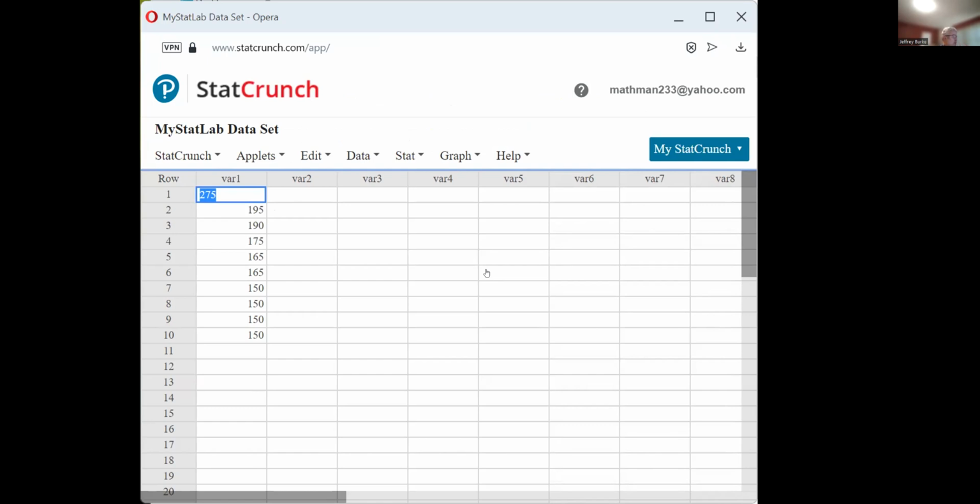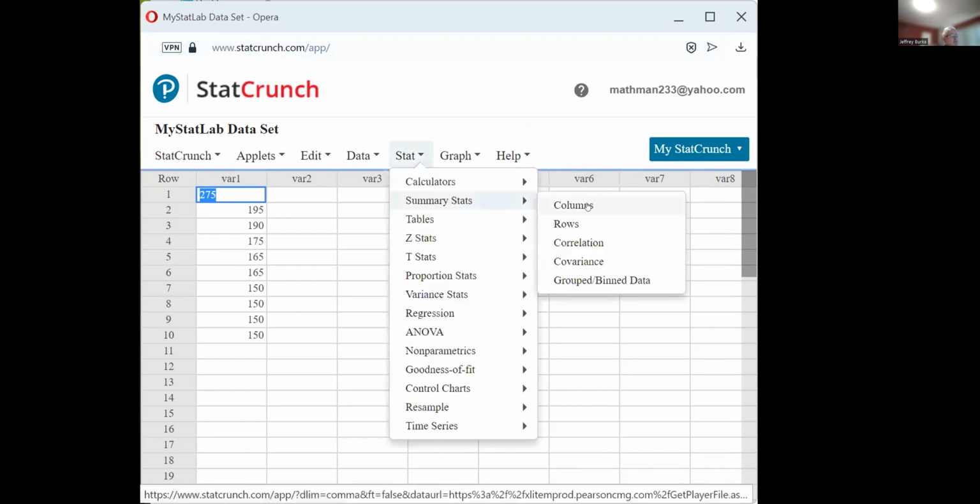Okay, so remember, for this question we're asked to find the mean, median, mode, and mid-range of the data, and then we're going to be answering some questions about this. In order to do this, we're going to go to Stat, Summary Stats, Columns. You'll see the column is named var 1.